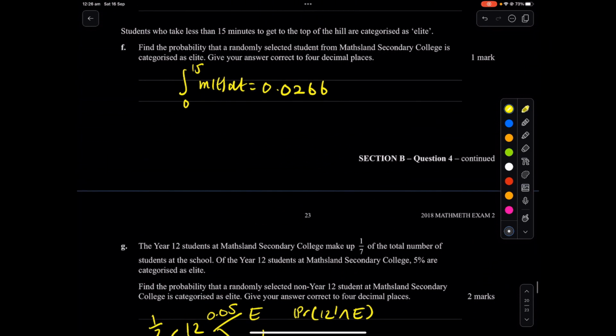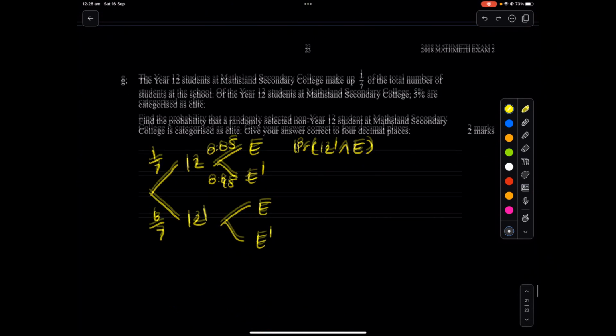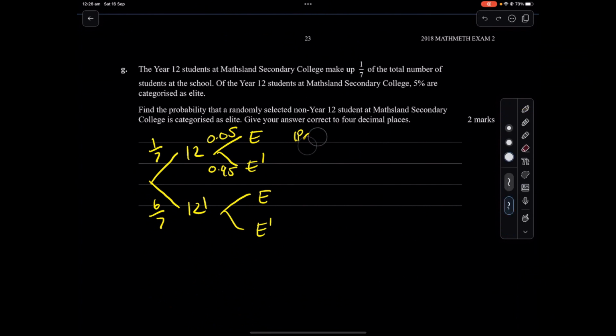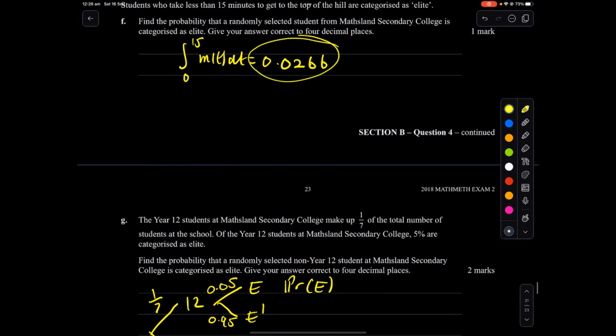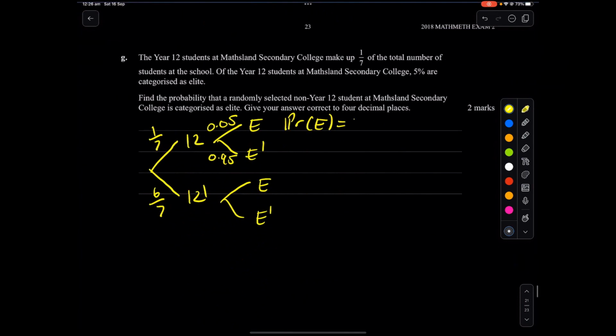We just calculated over here the probability of just being elite. So the probability of being an elite, which we've already calculated, is this value over here. It is equal to the probability of being Year 12 intersection elite plus the probability of being non-Year 12 intersection elite. And this is what we want over here.